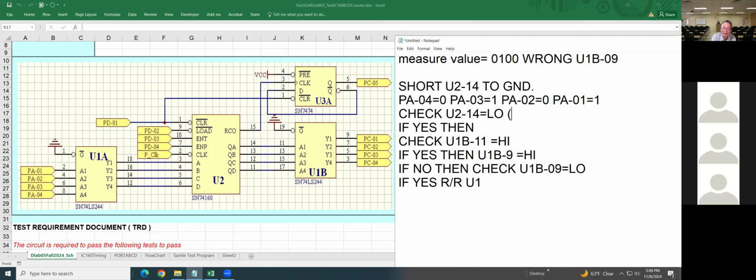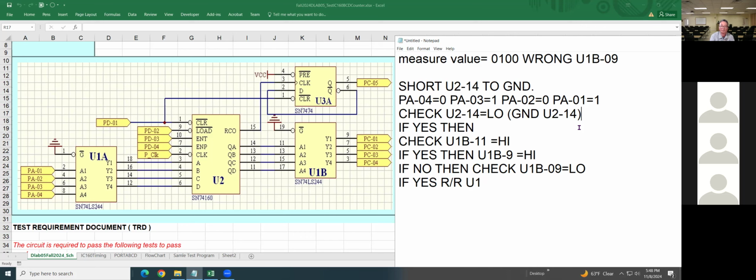I wrote it to be low. Now U2 pin 14. Correct? Okay. So take U2 14. For sure you get it low.